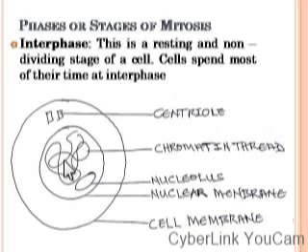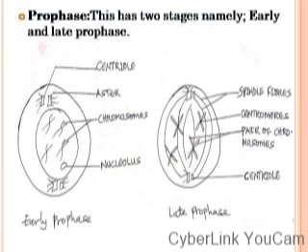Look at it. This is the chromosome that becomes elongated to form a network of fine thread called chromatin thread or chromatid. At this stage also, the nucleolus is visible.